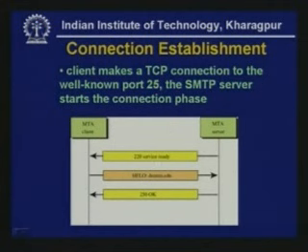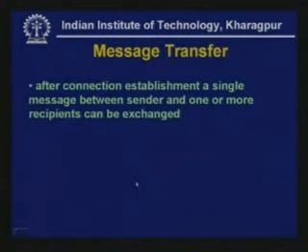Then there will be a hello message from the client to the server, and the server will respond with a 250 OK. So these are the commands and responses which are going on. We will look a bit more into an actual SMTP session later.